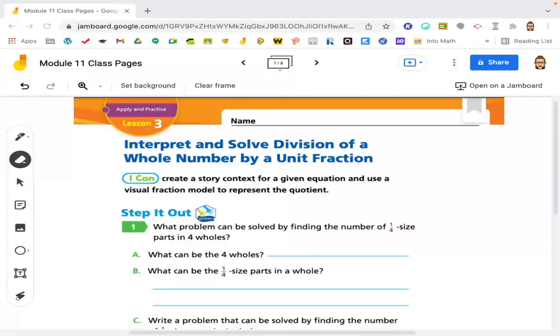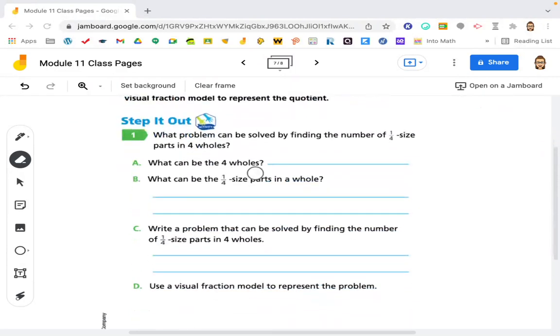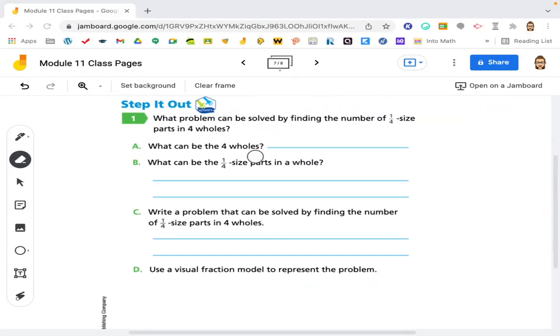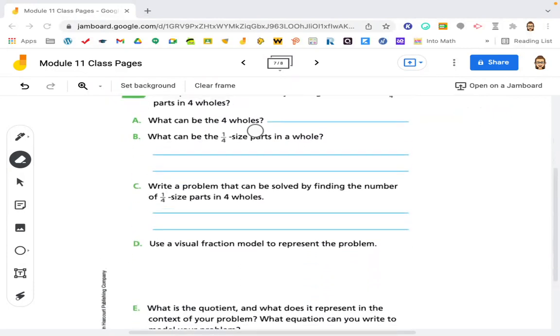So it says, what problem can be solved by finding the number of 1/4 size parts in 4 wholes? And it starts by asking, what can the 4 wholes be? So we're going to say pizzas. What can the 1/4 size parts in a whole be?